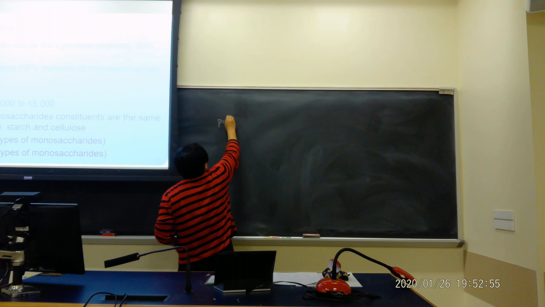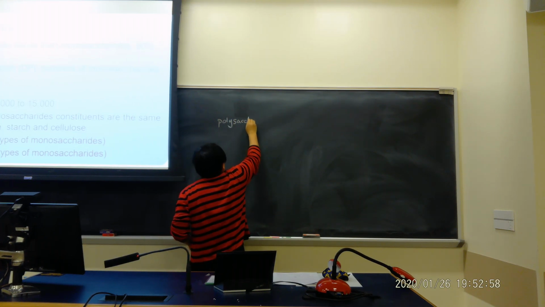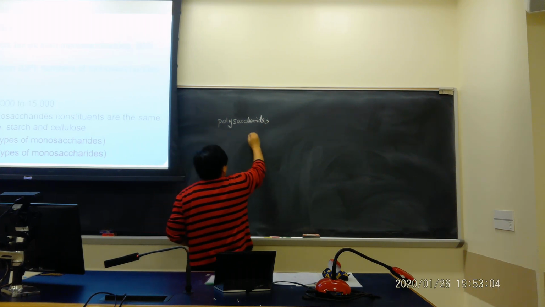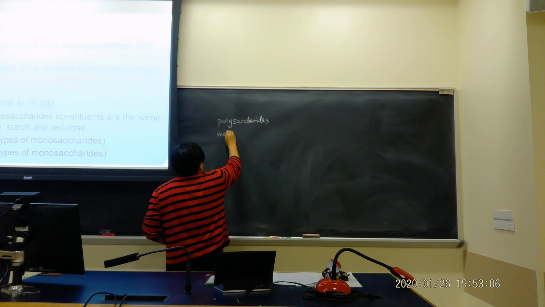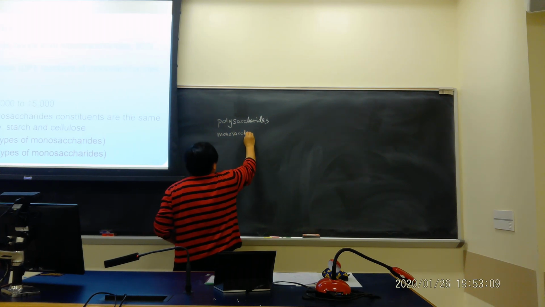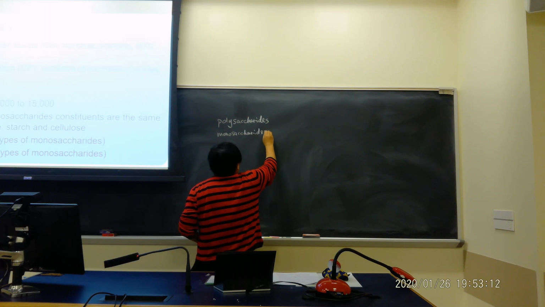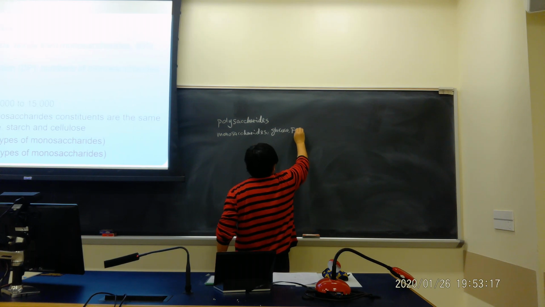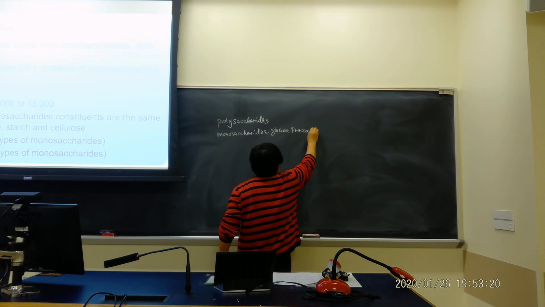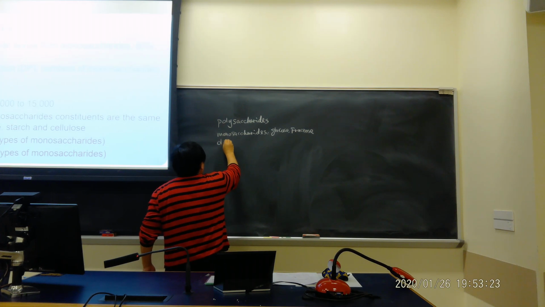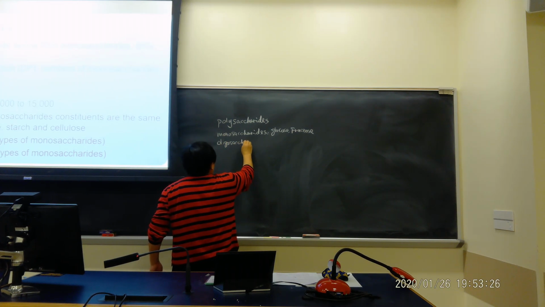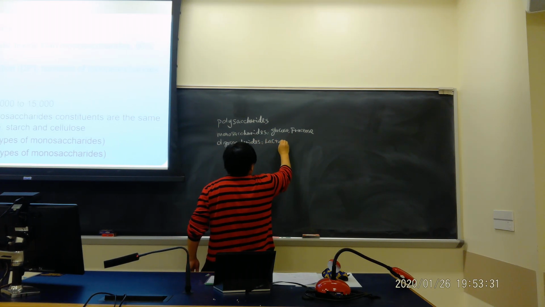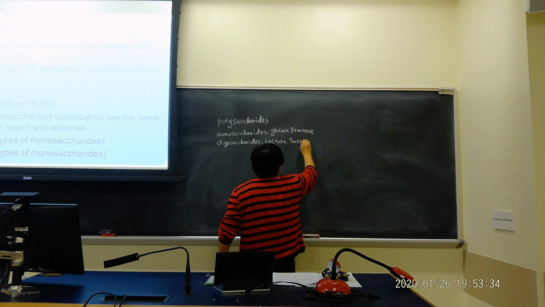So first of all, polysaccharides. Now we already talked about the monosaccharides, the example is glucose, and then we talked about oligosaccharides like lactose, sucrose, and maltose.